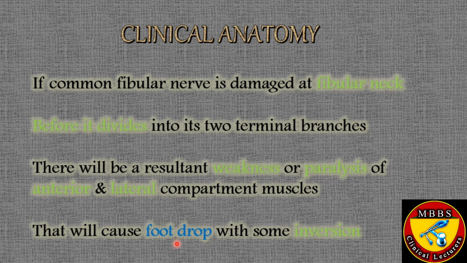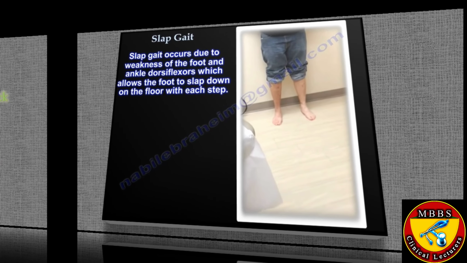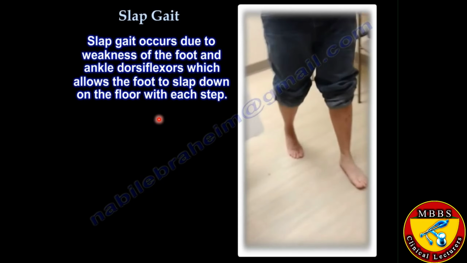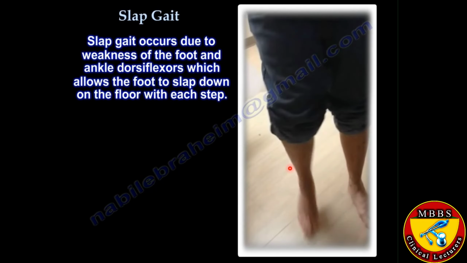What is a foot drop? Foot drop means inability to raise or lift the foot from its toe side, or digit side. This is the slap gait, or you can say this is the foot drop.